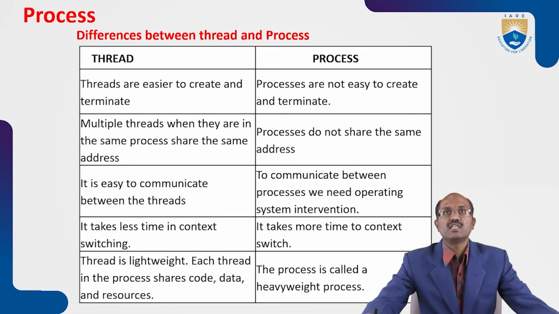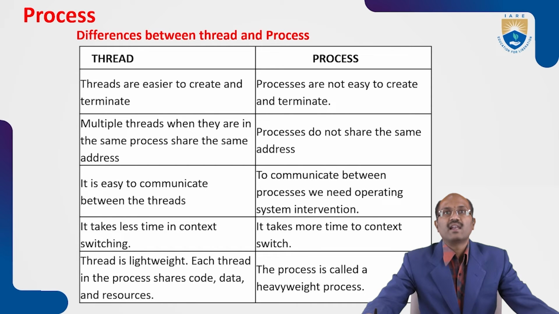It is easy to communicate between threads. To communicate between processes, we need operating system intervention. Threads take less time for context switching, while processes take more time for context switching.